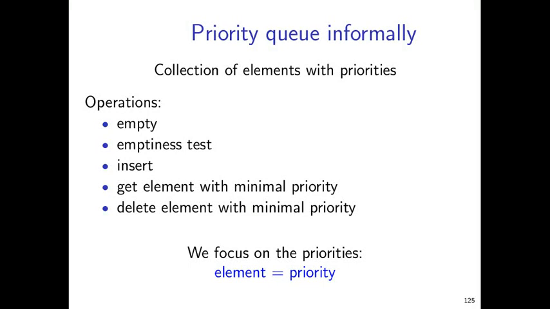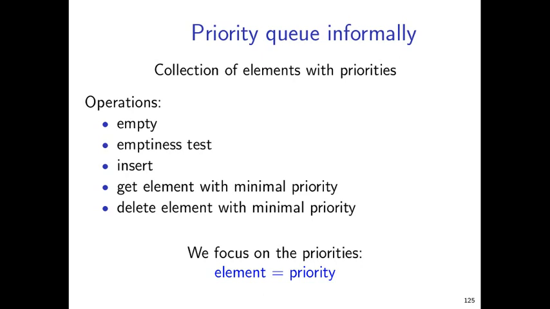And we will make one simplification here. We don't have elements that are somehow associated with a priority, but we say the elements are the priorities. So the elements are linearly ordered, and we always remove the least element. So that's just a simplification.